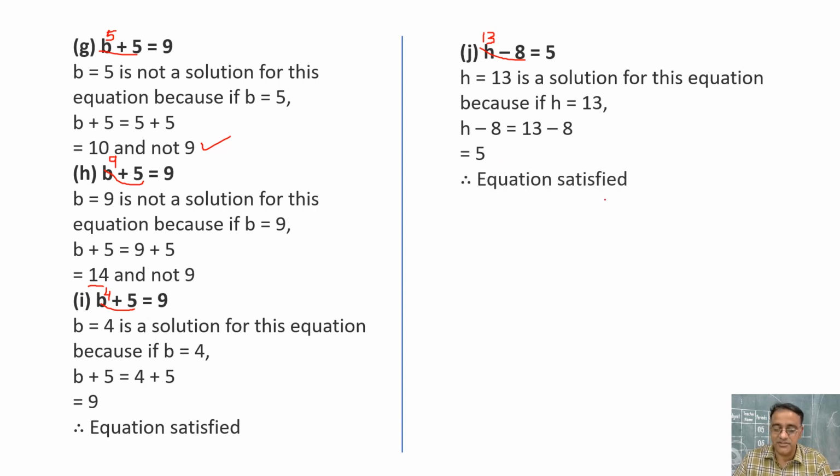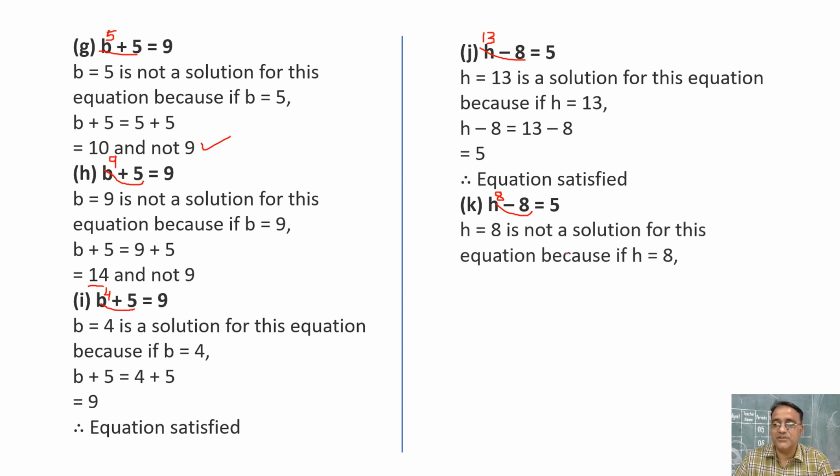So therefore the equation is satisfied. Now next value is given as 8. What is 8 minus 8? 0. So therefore it is not satisfied because RHS is 5. So h = 8 is not a solution for this equation, because if we substitute h = 8, we are getting 0, not 5.